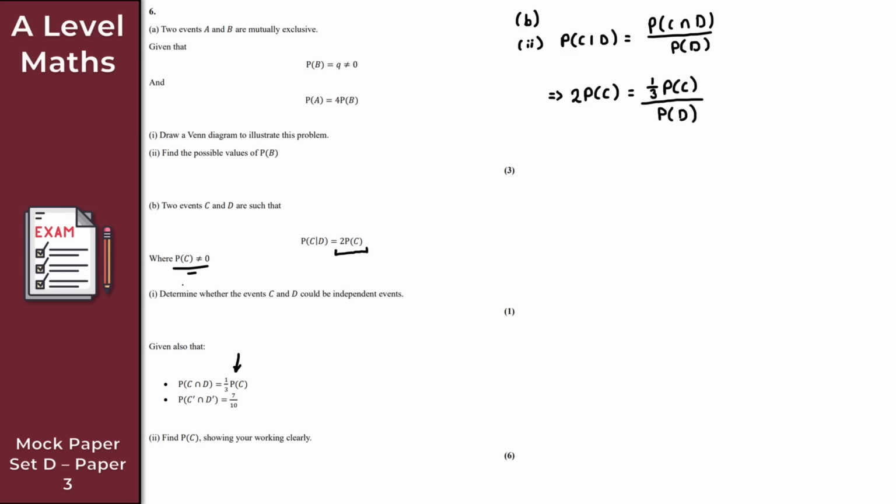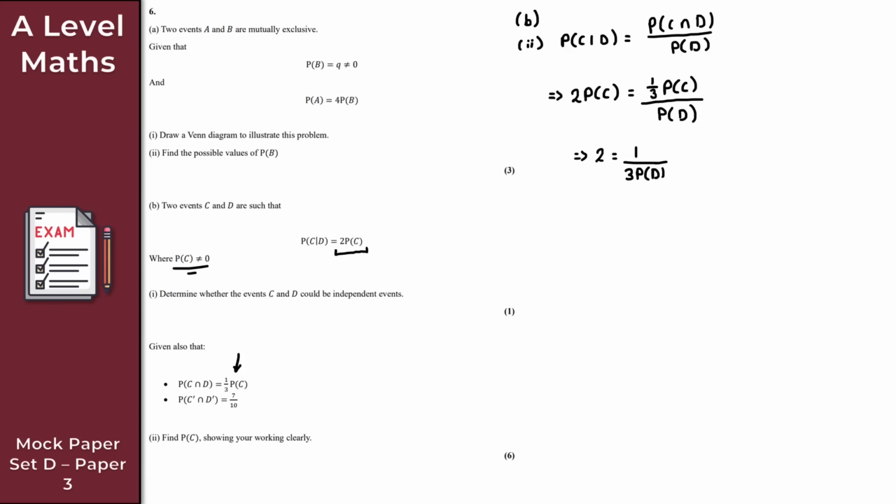So that's important because what I can now do here is divide both sides by the probability of C, right? On the left-hand side, I just get left with 2. So 2 is equal to, so this one here will just cancel, right? Because I'm dividing by the probability of C. It's the same as times by the reciprocal of it, so 1 over, it just cancels. So what I get then is 1 over 3 lots of the probability of D there, like so, okay?